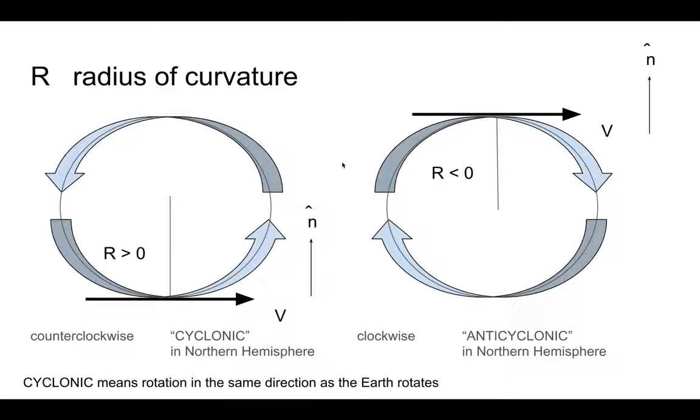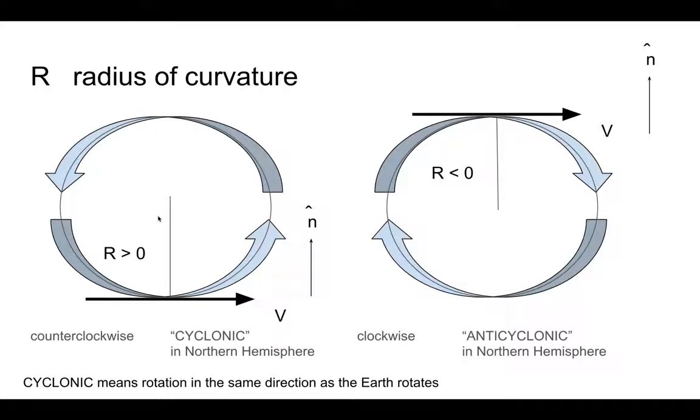So just to get the radius of curvature nailed down here, if we have counterclockwise turning and we want to come up with a radius of curvature, we would fit a circle to that flow curvature and then measure the radius of that circle.